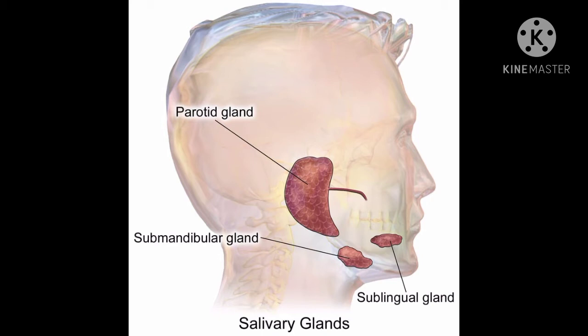Parotid glands open on the floor of the oral cavity through the duct of Stensen. The duct of Stensen opens near the upper second molar.